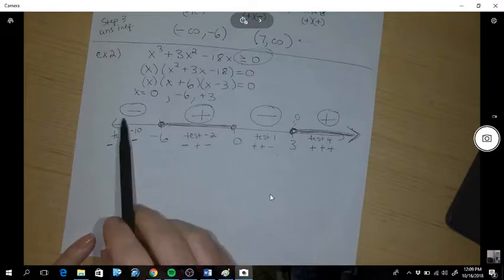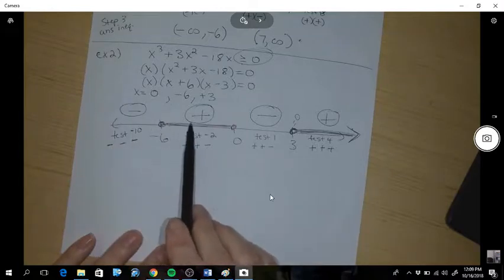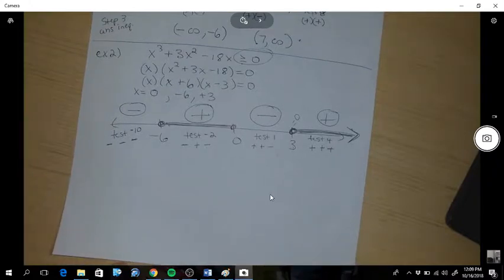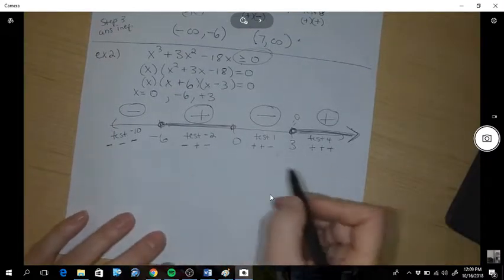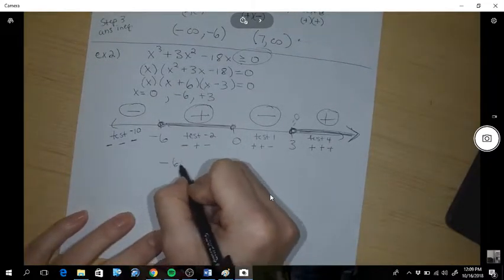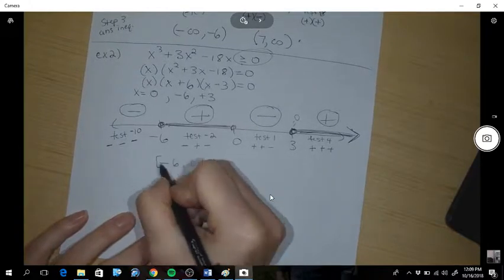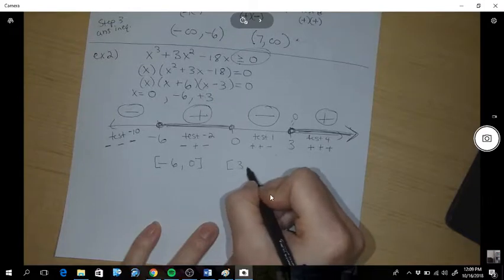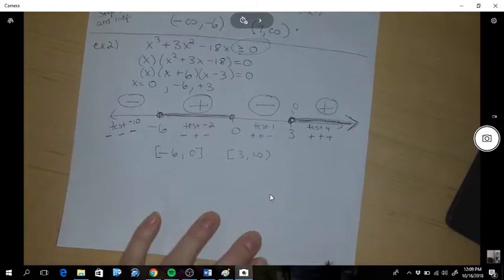So you can see your graph is negative, 0, positive, 0, negative, 0, positive. Okay, so I can have a solution from negative 6 to 0, including those numbers, or from 3 to infinity. That's my solution.